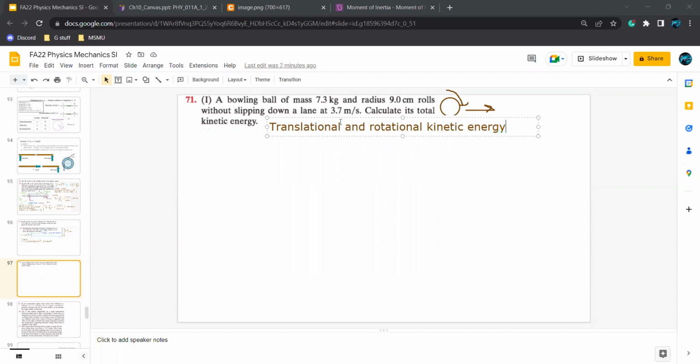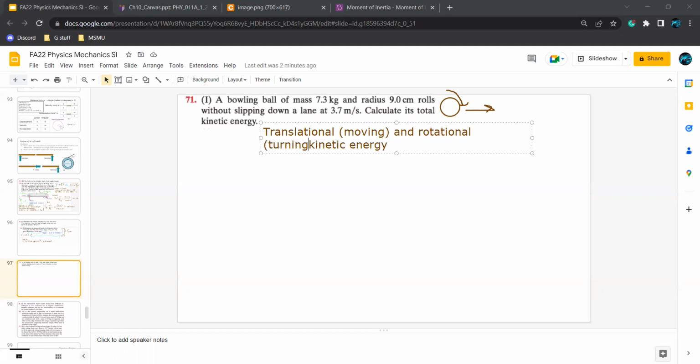And all that means is that you have one that's turning and one that's moving forward. If you're just standing in place, turning with no direction, that would just be rotational energy. Versus if you're just sliding without rotating at all, then that's just translational kinetic energy.